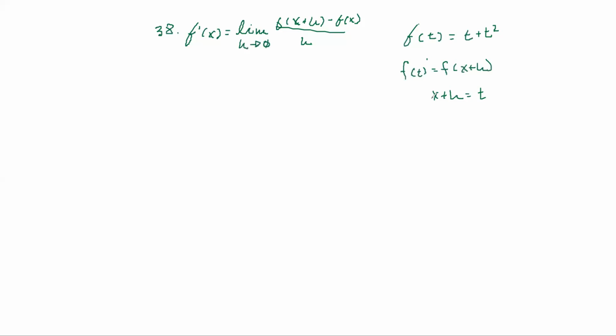And so basically what I'm doing is saying that wherever there is an x, I'm going to put x plus h in this equation. So I'm going to start by writing f prime of x is equal to the limit as h goes to 0 of x plus h plus x plus h squared.